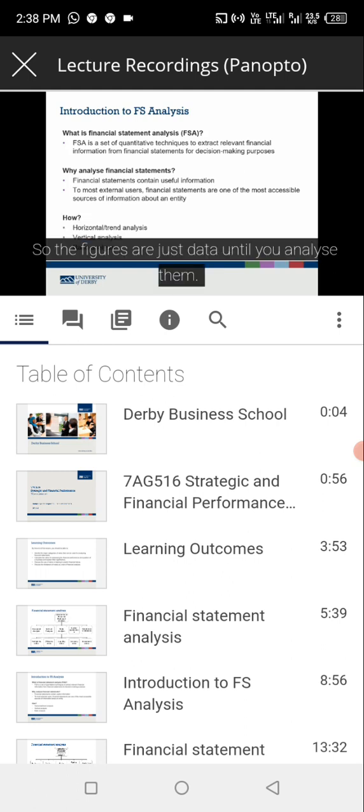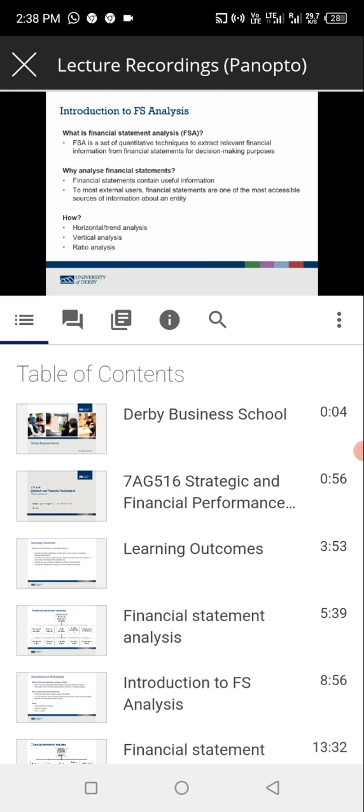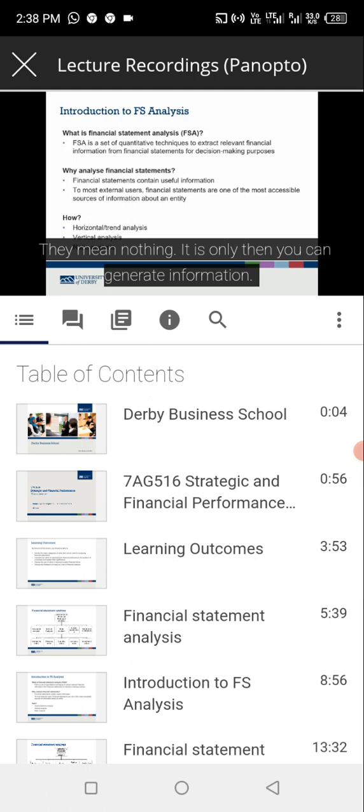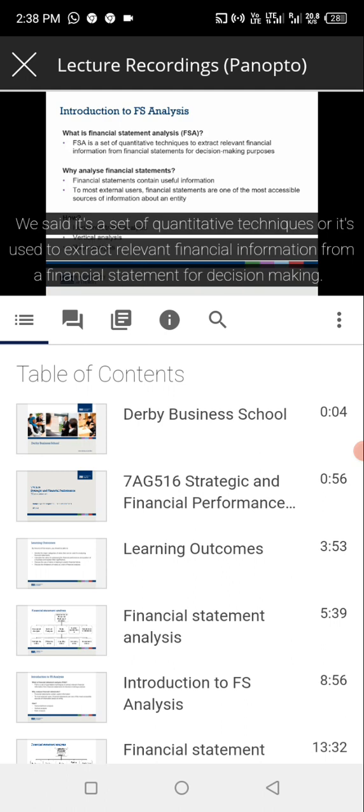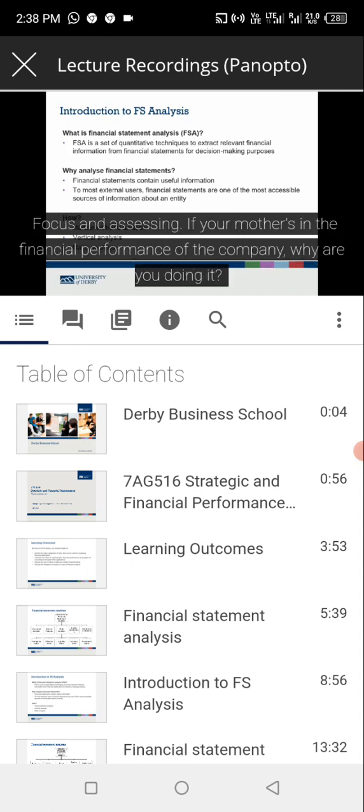The figures are just data until you analyze them. It is only then you can generate information. So that is why we are looking at financial statement analysis. It's a set of quantitative techniques used to extract relevant financial information from financial statements for decision-making purposes.